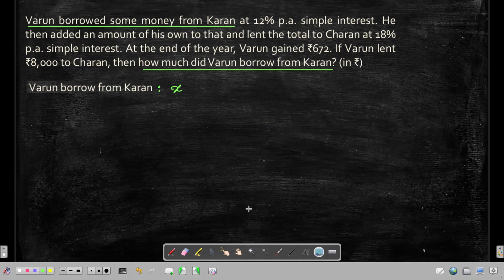And then Varun is giving this to Charan, and there, Varun is collecting it at the rate of 18% per annum, simple interest. And then it is given in the question that at the end of the year, Varun made 672 rupees gain. Now, look at the question. If Varun lent 8,000 to Charan, then how much did Varun borrow from Karan?